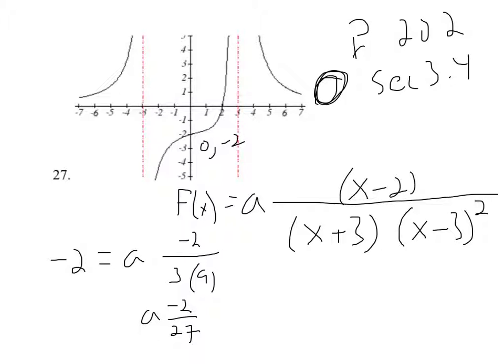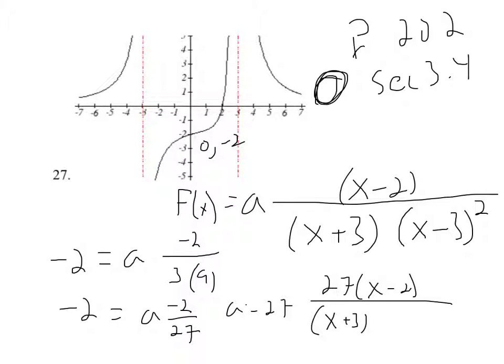That's times a. That equals -2. If I take the reciprocal and multiply, I get a equals 27. So I'm thinking that this is 27 times x minus 2 over x plus 3 times x minus 3 squared.